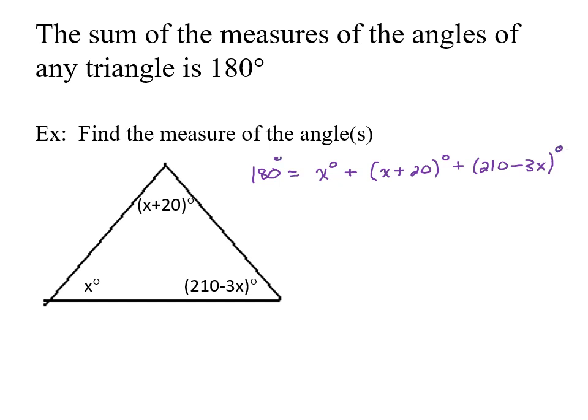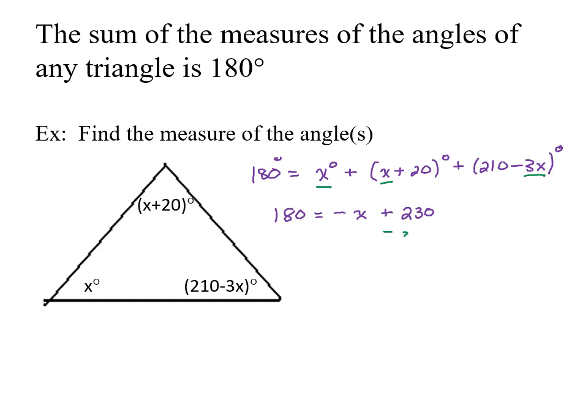So it's very much like an algebra. You just want to gather your like terms together. So I would have that 180 would be, let's see, what do we have? We have an x, another x is 2x, 2x minus 3x would be a negative x. And then we have the 20 and the 210 make 230.